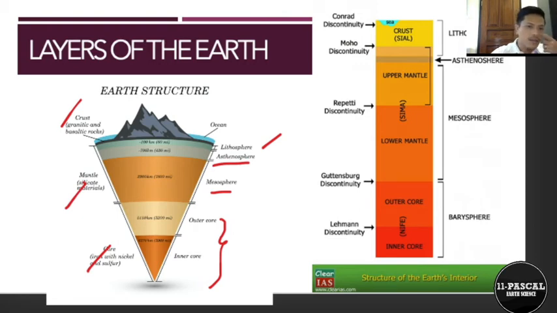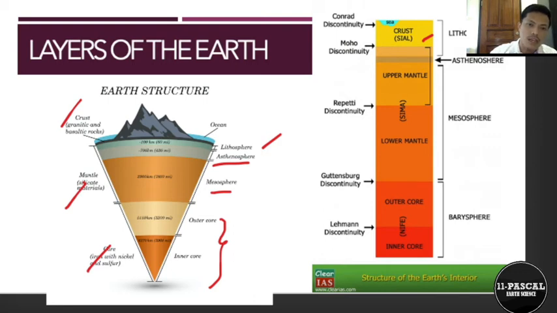The first one is between the crust and the lithosphere. We have the sial and the sima. What do we mean by sial? We know that the Earth's crust, or the lithosphere, is composed of different components.